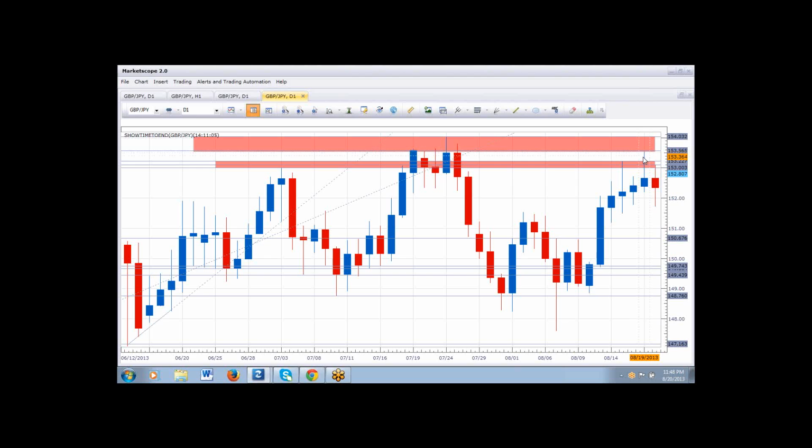What will be the best trading plan? So if the price is currently here at 152.30, what will be the best case scenario of selling if we choose to short it? Going at the retracement, if it retraces.